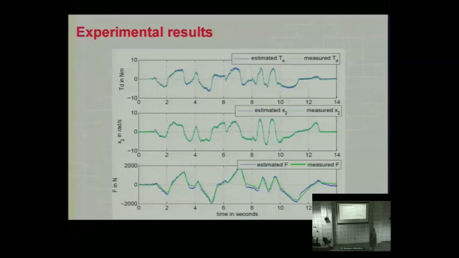The estimated X, the measured X, you can see very good tracking. So these are real experiments. We're getting very good tracking. The only one where we're slightly off is the F. And it's a question as to whether F is the real one. So it's still very, very good. And it still gives you a very good idea of the force, the tyre force, what's happening at the wheels in the system.